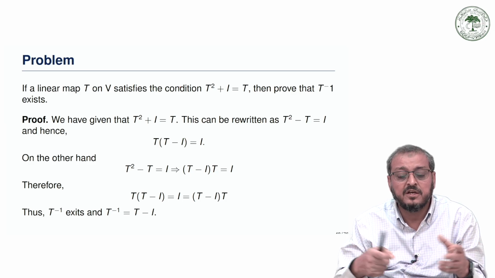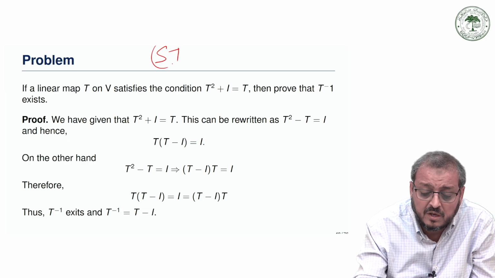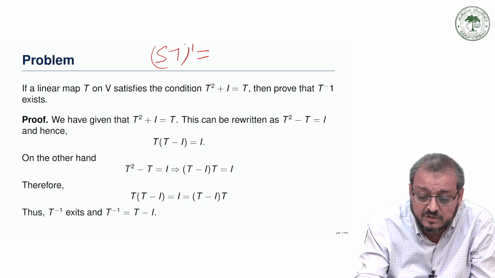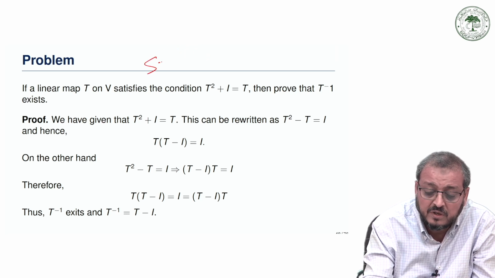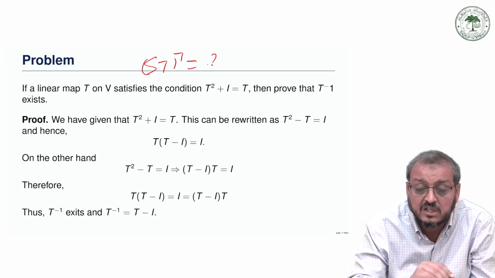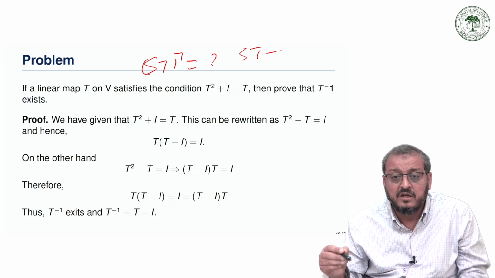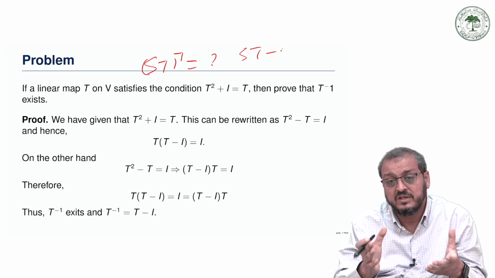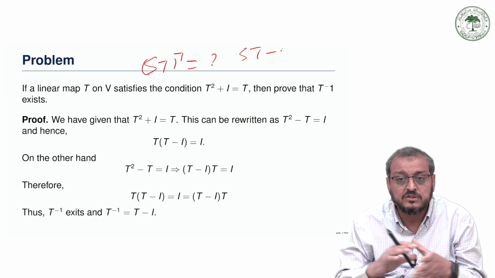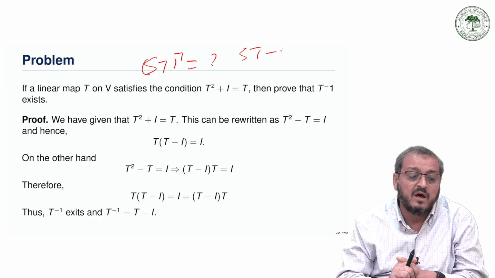That means if we take S and T as two linear transformations, what can one say about the inverse of the composition of transformations? And if S and T are injective, whether S is injective or T is injective, what can we say about the composition of the transformations? We will discuss all this in the next class.